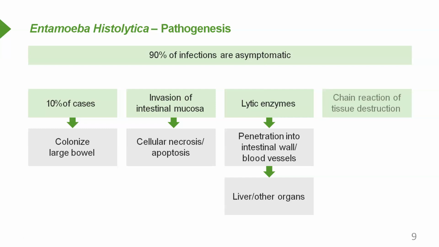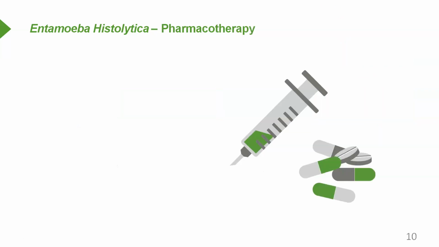So a chain reaction of tissue destruction takes place over a certain period of time, and we can see flask-shaped ulcers, abscesses, or fistulas in the patient. This is the overall pathogenesis of Entamoeba histolytica.